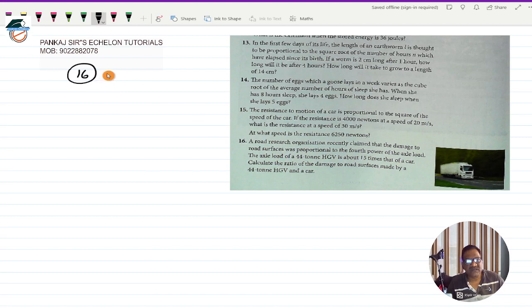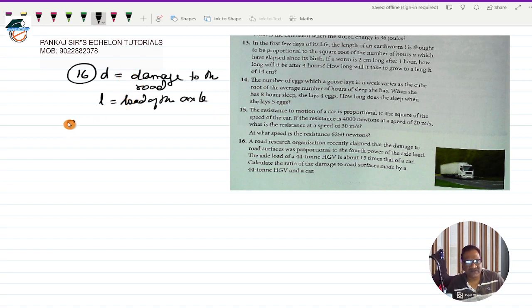Now suppose D is representing the damage. So I'll write here D is the damage to the road, and suppose L is the load of the axle, of any vehicle. Okay, so damage and load.